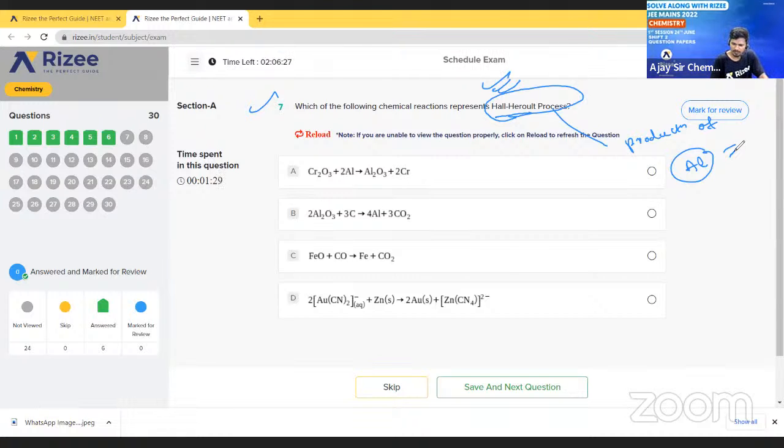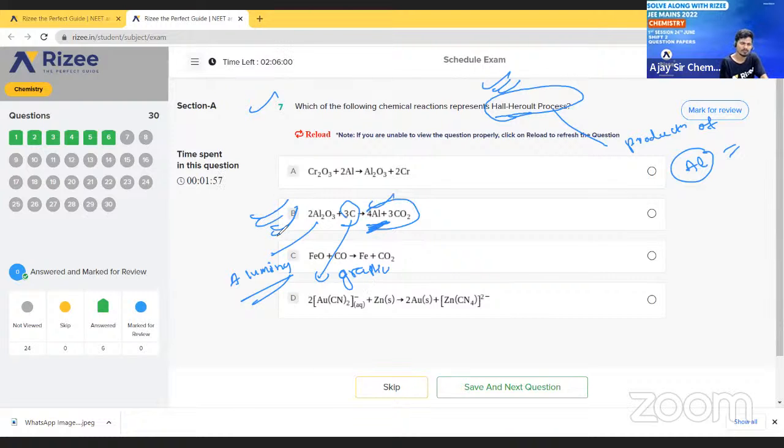In this reaction, option B. This is alumina, and this carbon is in graphite state, so it will produce aluminium. This is a very simple reaction. Option B is the correct option. Okay, let us go to the next question.